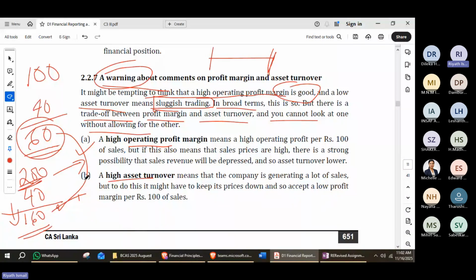Sales units. Higher asset turnover, right? High operating profit margin means high operating profit per 100 rupees of sales, but it also means that sales prices are high, so there is a strong possibility that sales revenue will be depressed. So asset turnover is a bit lower.